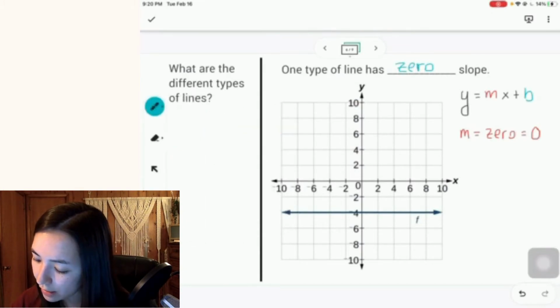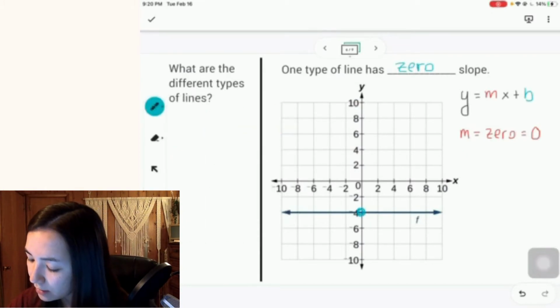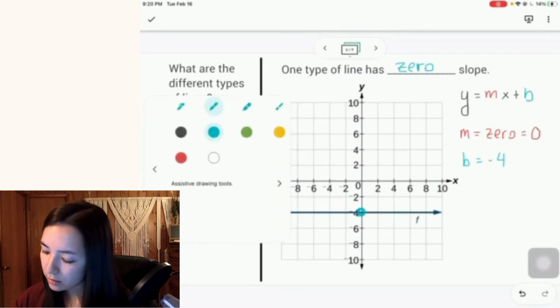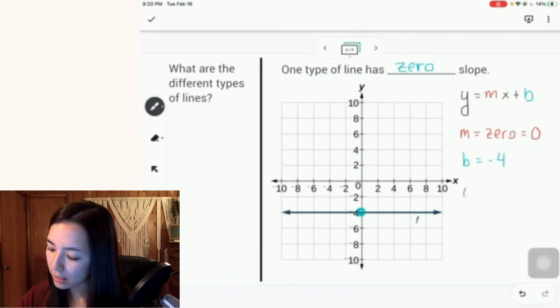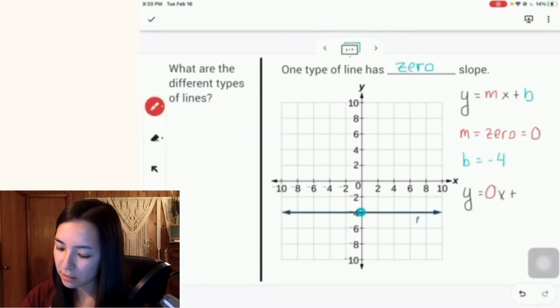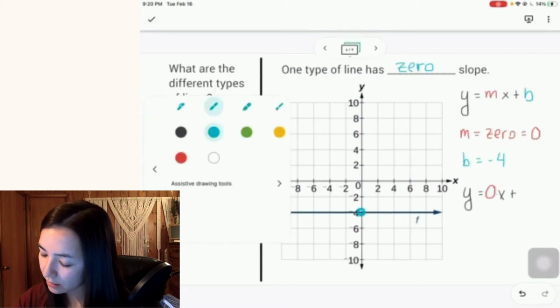We do, though, have a y-intercept at -4. So our equation becomes y equals 0 times x plus -4.